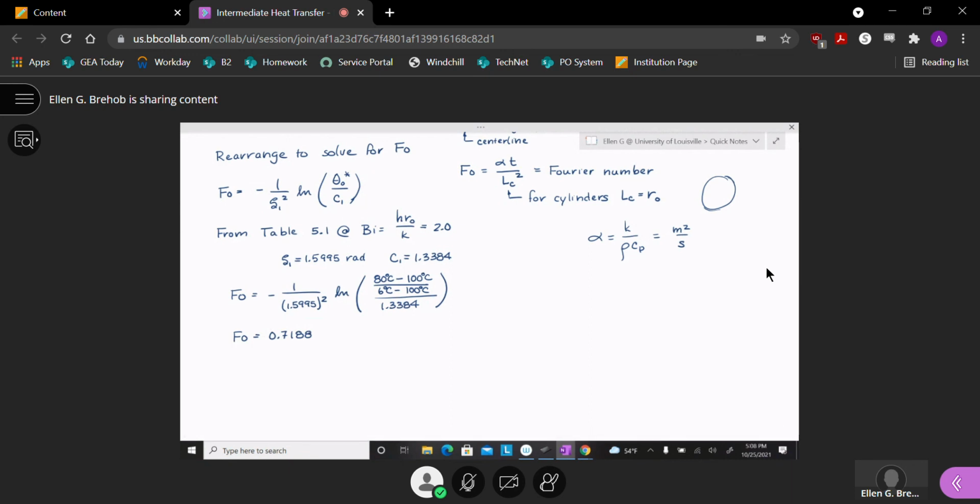In order to use this first term approximation, Fourier number has to be greater than 0.2. And when we do a little bit more background, I'll hit that again, because I know I'm just working through this problem. And if it's not ringing a bell, you're like, where did that come from? But we'll see where it comes from. But a rule is Fourier number has to be greater than 0.2.